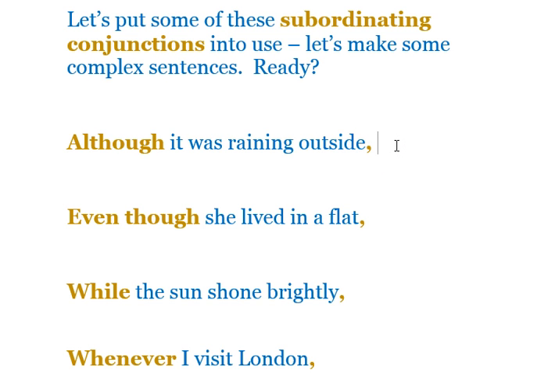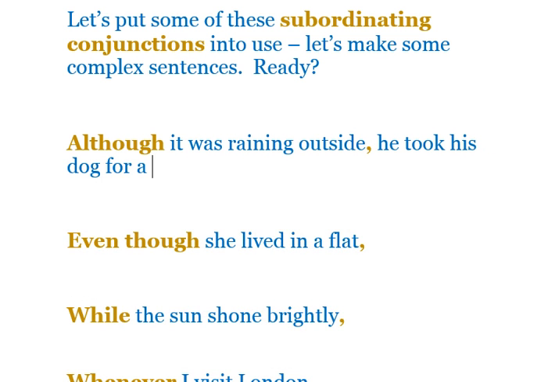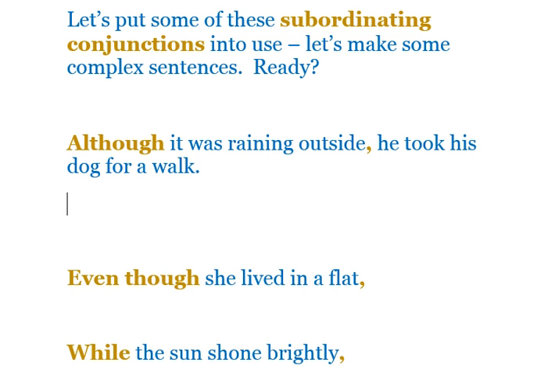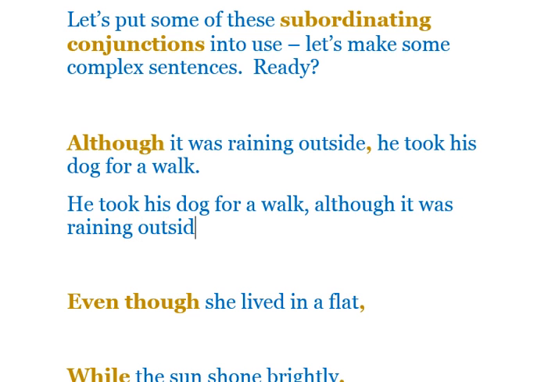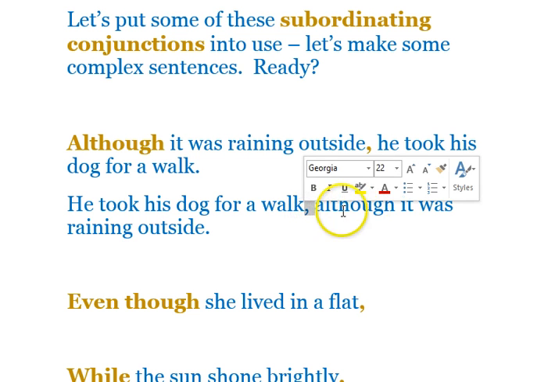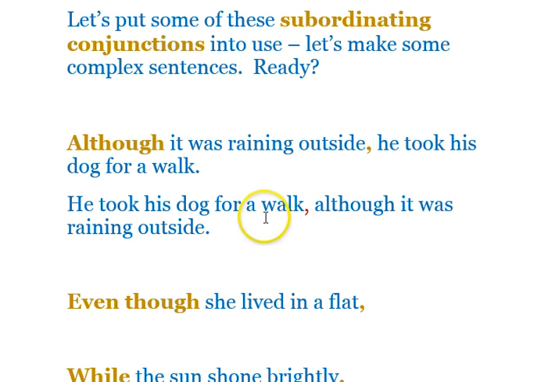Although it was raining outside, he took his dog for a walk. We could flip it and write, he took his dog for a walk, although it was raining outside. Note that with the conjunction although, we have kept the comma there to show the contrast.